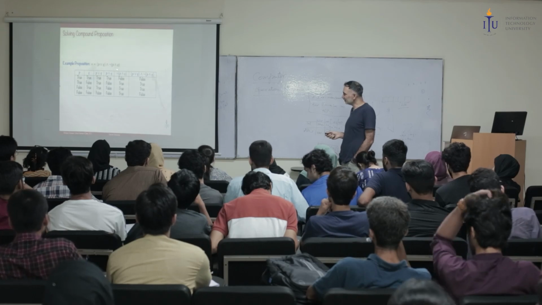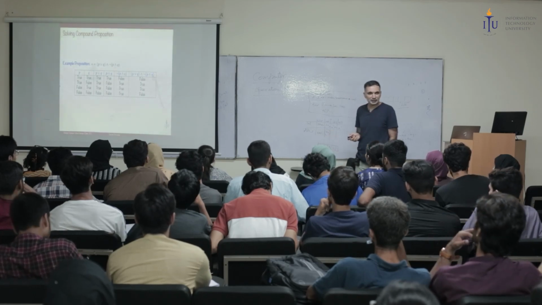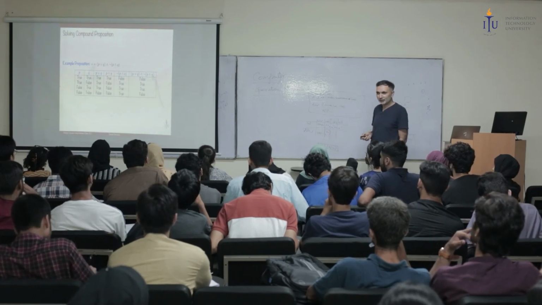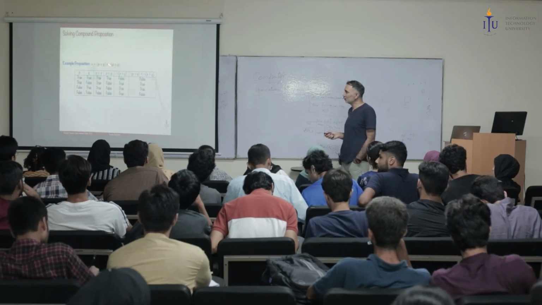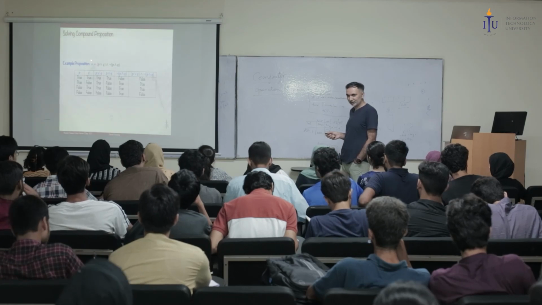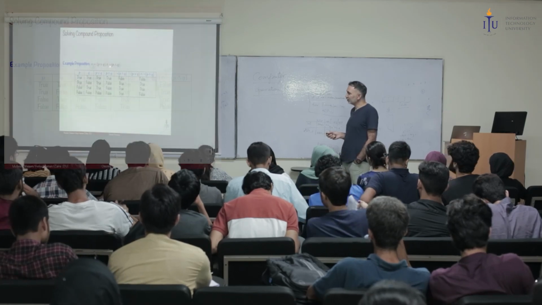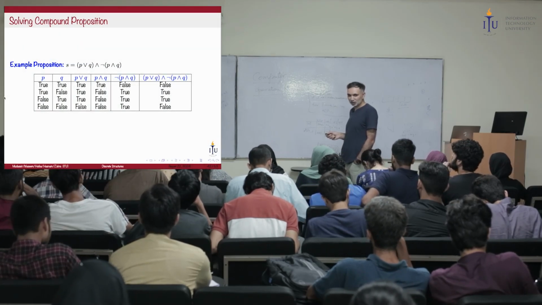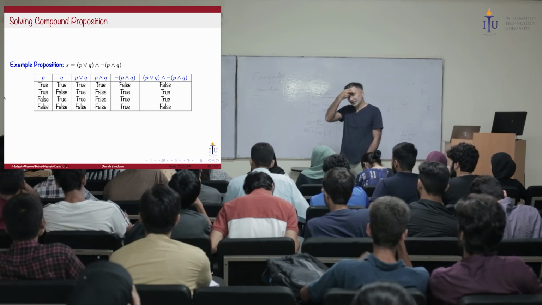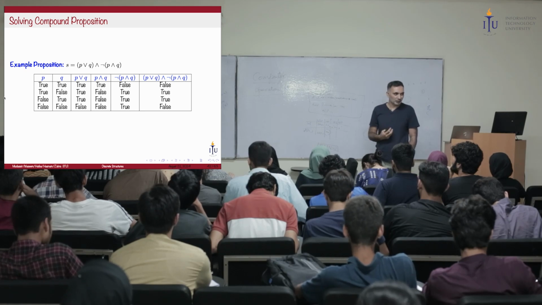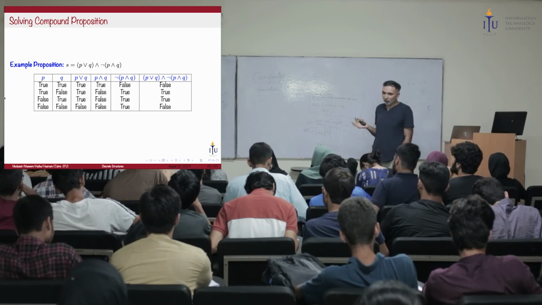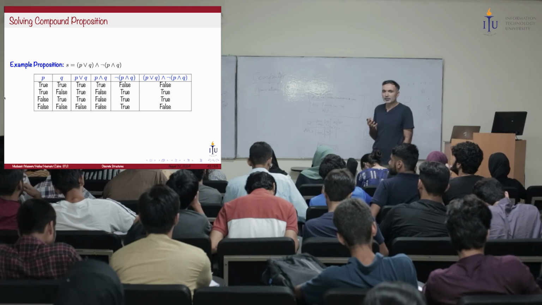This statement is actually the definition of exclusive OR. Exclusive OR between P and Q is equal to the disjunction conjuncted with the negation of their conjunction. That's the kind of problem you will see on the quizzes and homeworks.